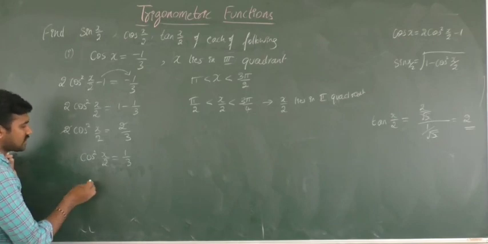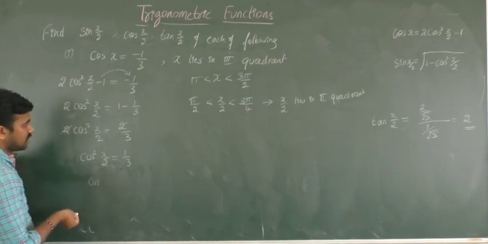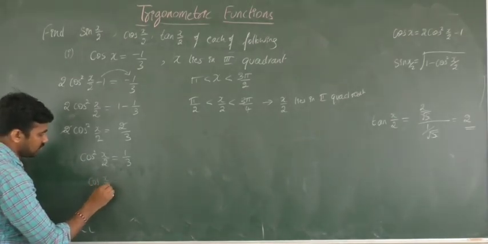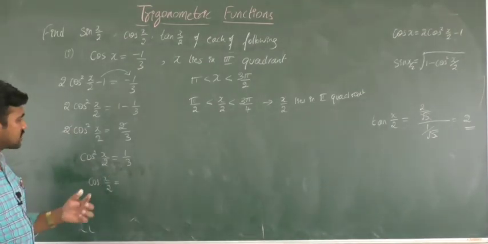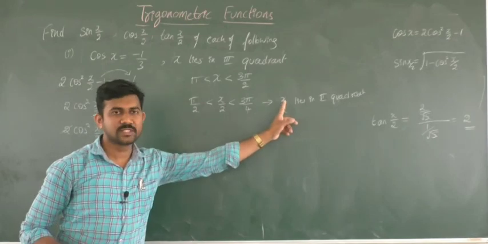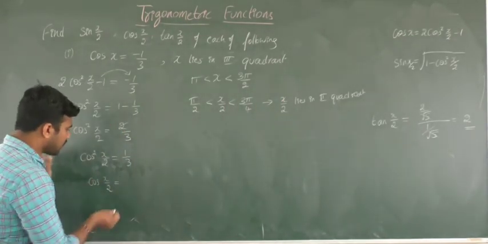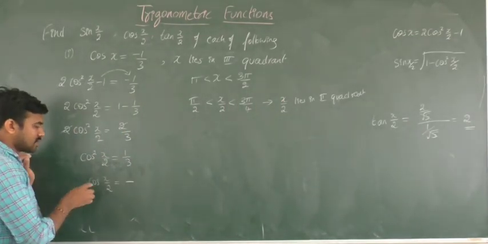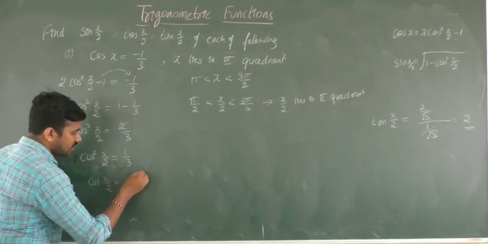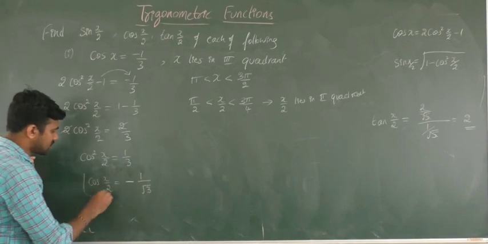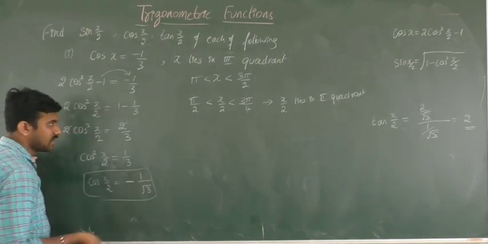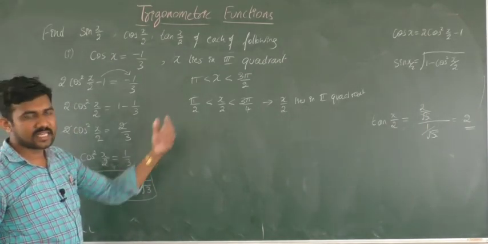So what is cos x by 2? Take the square root of this, and x by 2 lies in the second quadrant. In the second quadrant cos is negative, so cos x by 2 is minus 1 by root 3. Now next we need to find sin x by 2.